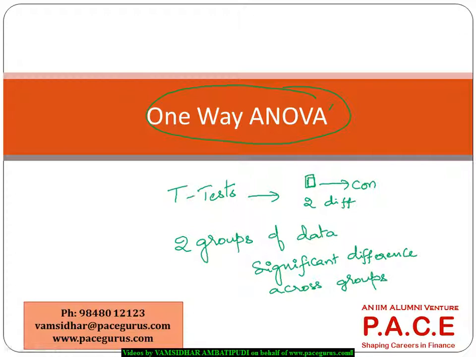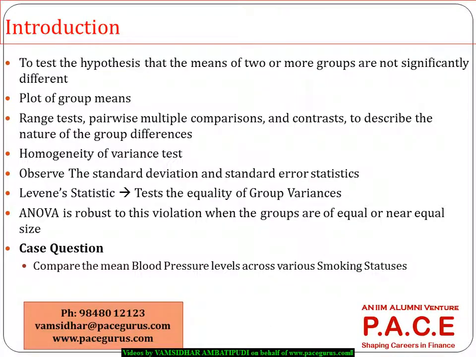If I want to find out whether there is any significant difference, I resort to this one-way analysis of variance procedure. To test the hypothesis that the means are not significantly different, our null hypothesis will go as average of group 1 equal to average of second group equal to average of third group, and so on.